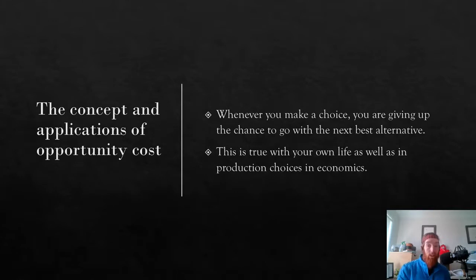Whenever a business decides what it wants to produce, it's giving up something else. This often comes up when we look at production possibility frontiers later on in this topic and later on in this PowerPoint. But every business, when they're deciding what production combinations to go with, they're giving up the next best alternative. So you would have seen a lot of businesses recently go crazy into producing hand sanitizer.